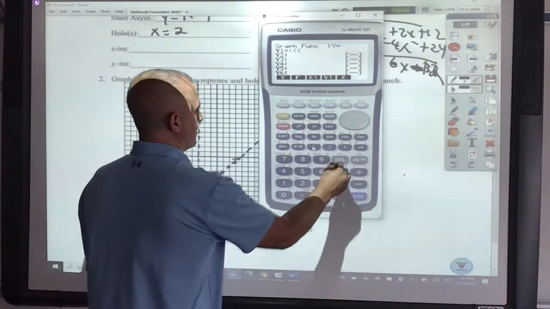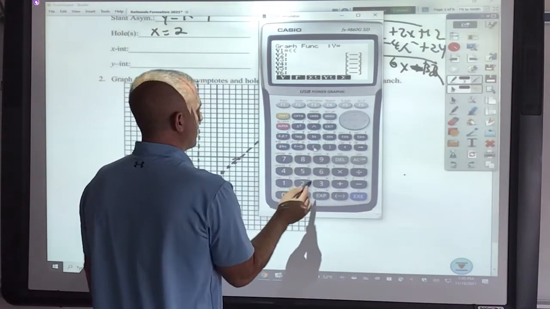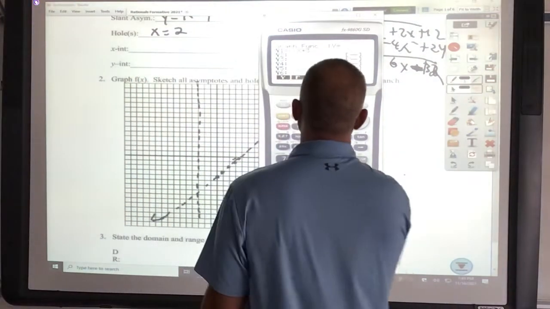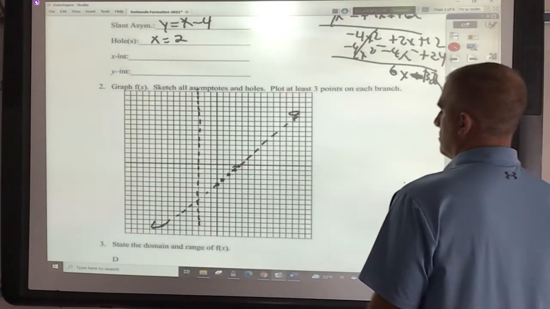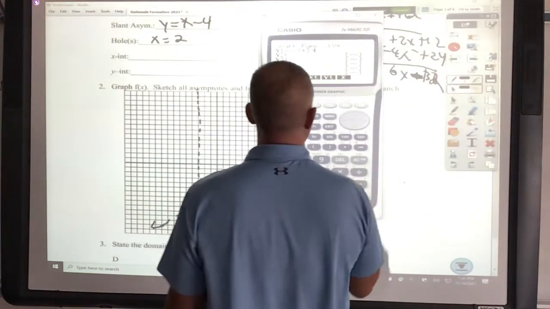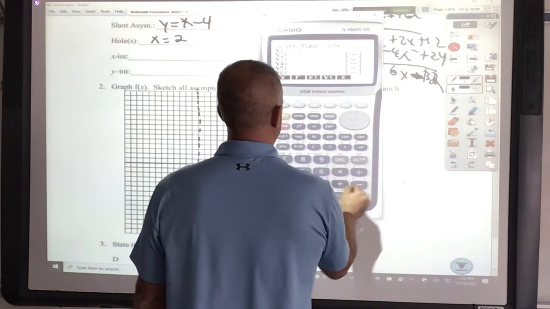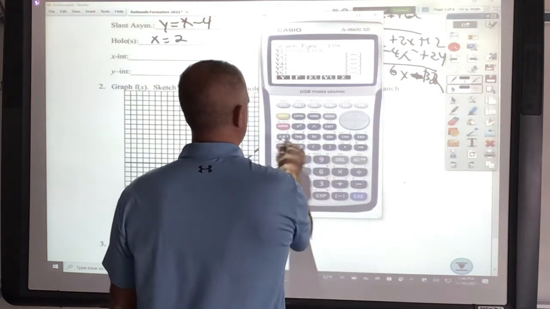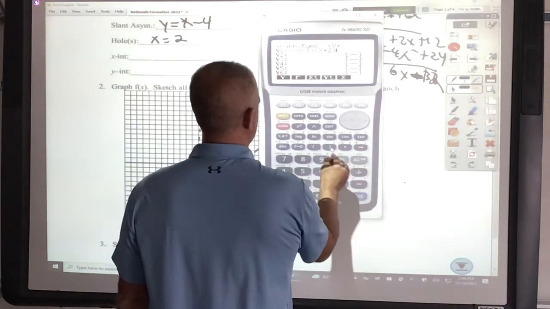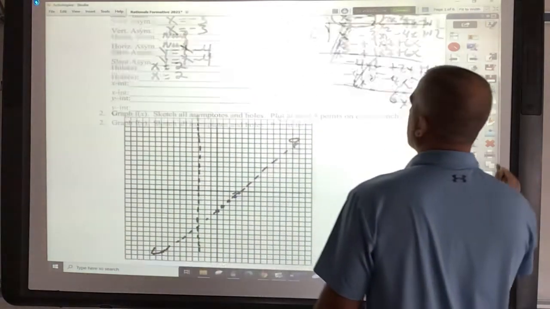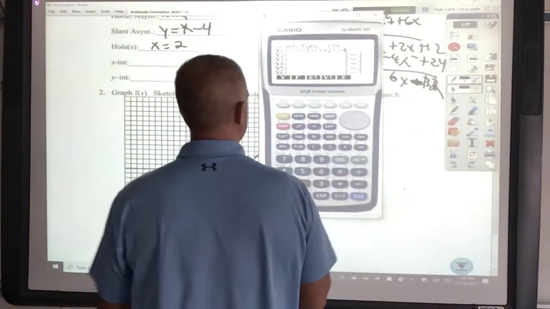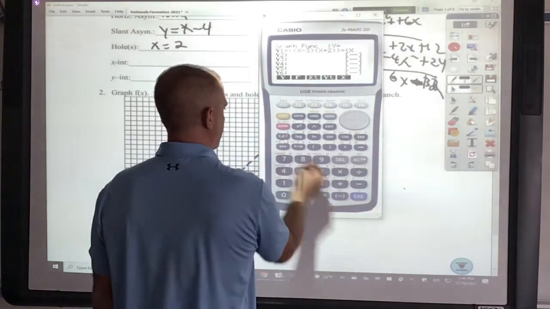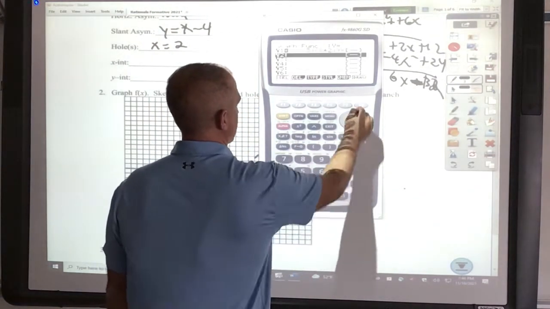Parentheses, x minus 3, close the parentheses, parentheses, x plus 2, close the parentheses, divided by x plus 3. Okay, so I got that.